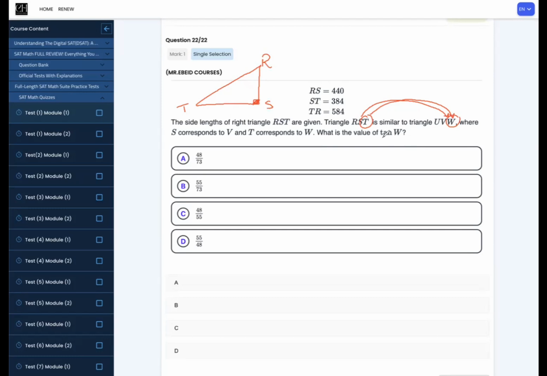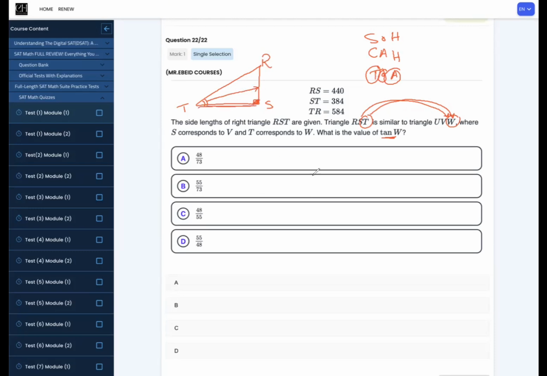To find tan, you know SOHCAHTOA: T for tan, O for opposite, A for adjacent. To find tan W, you know that W corresponds to T. So we'll find tan of this angle. Tan of this angle will be opposite over adjacent.